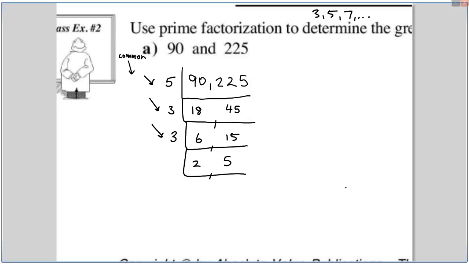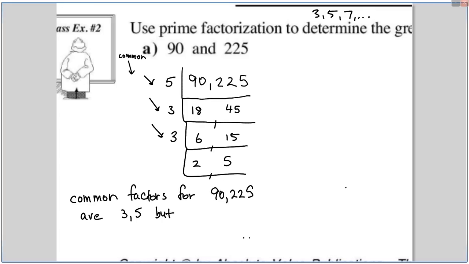Okay? So write this down. Common factors for 90 and 225 are 3 and 5. But the greatest common factor is 3 squared times 5.